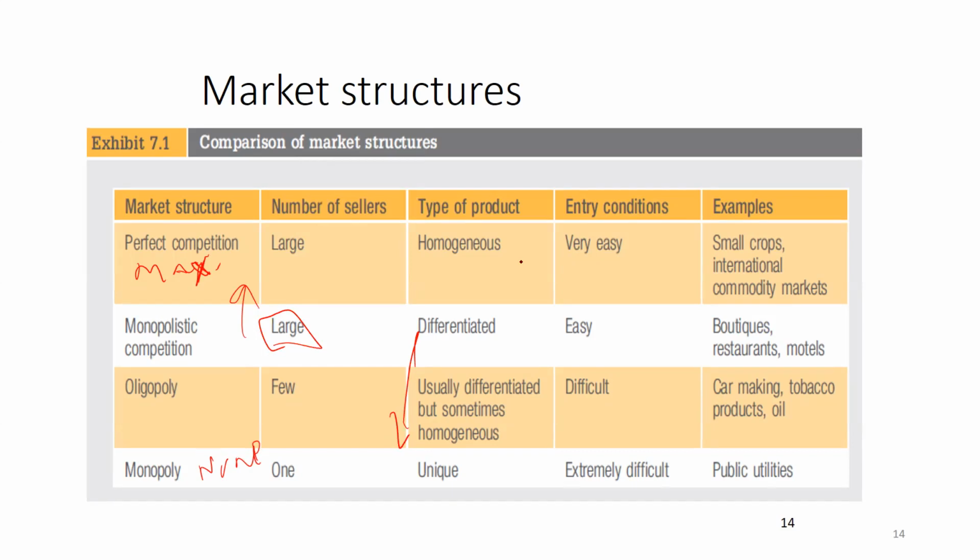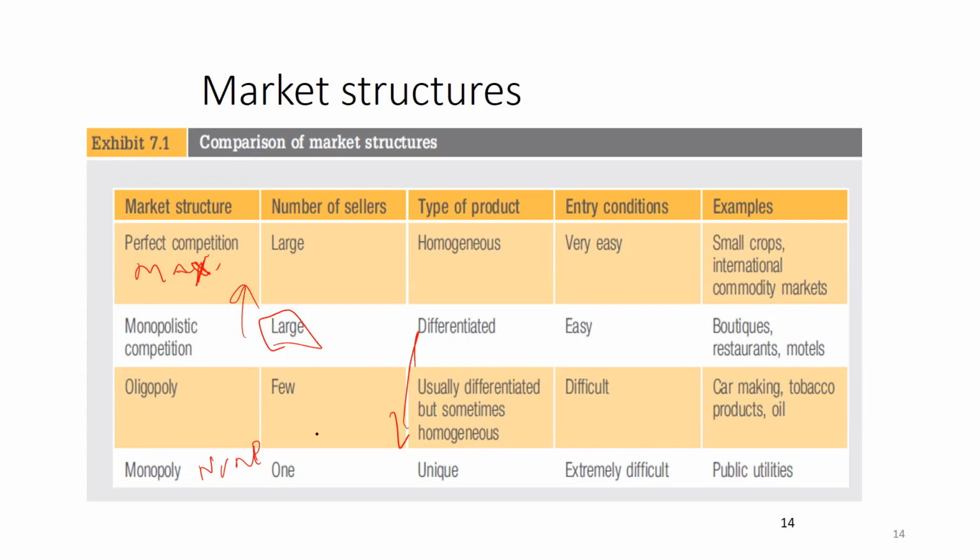Entry is relatively easy, but not as easy as in perfect competition. Simplest example: in perfect competition, you can easily be a cleaner, so we all can start up cleaning services very easily, but starting up a restaurant could mean a little more effort and more money. So entry and exit are relatively not so easy. And because these businesses are selling something different, they have control over price.